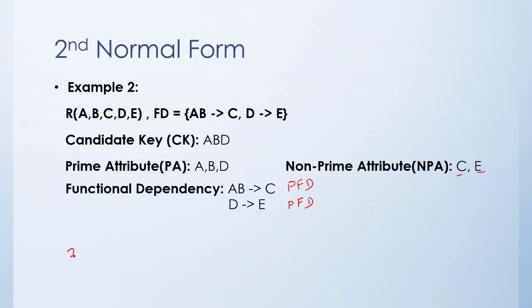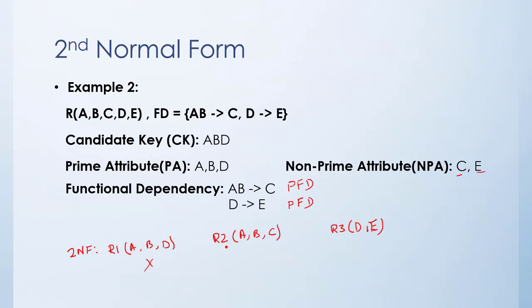So after decomposition, the first relation will be on the candidate key, that is A, B and D. Then the second relation will be on the functional dependency which is violating my condition of 2NF, that is considering AB, and we are going to get C, and the third one will be D and E. So here there is no functional dependency in the first, so we don't need to consider it.